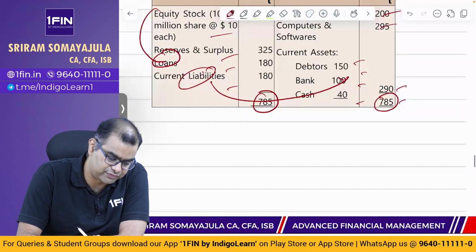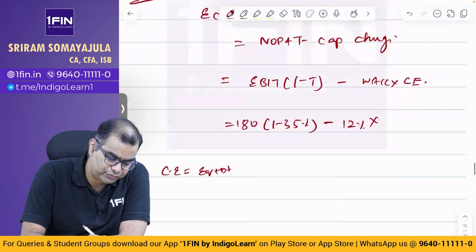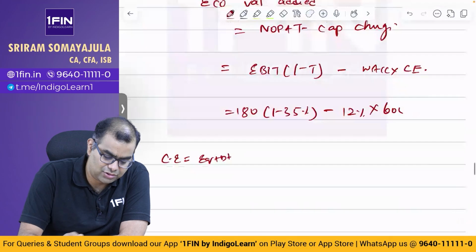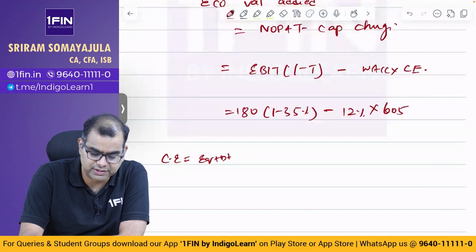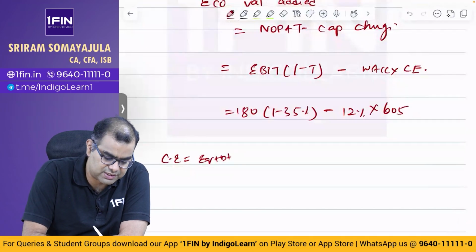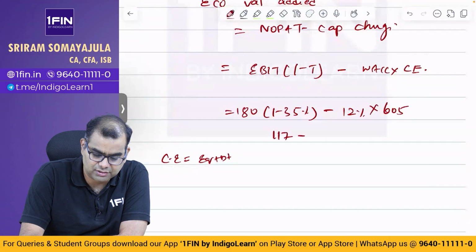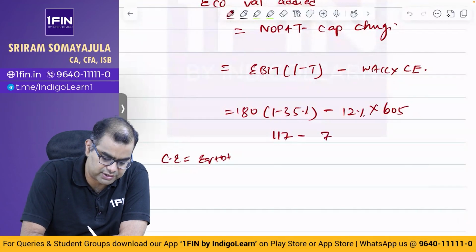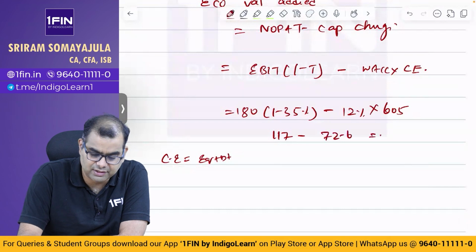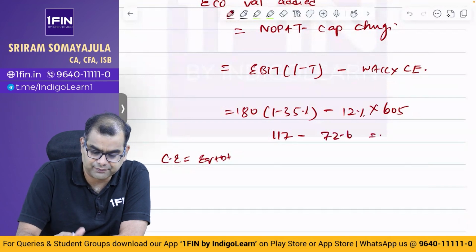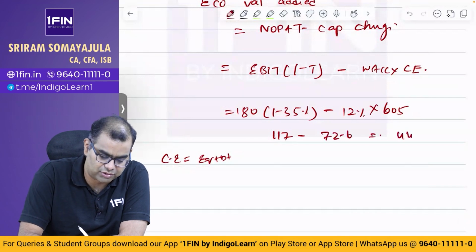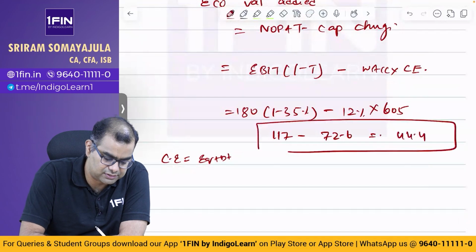Okay, don't get that confusion. So 180 into 0.65 is equal to 117, minus 605 into 0.12, which is 72.6. So the net is 117 minus 72.6. You get 44.4. This is your EVA.